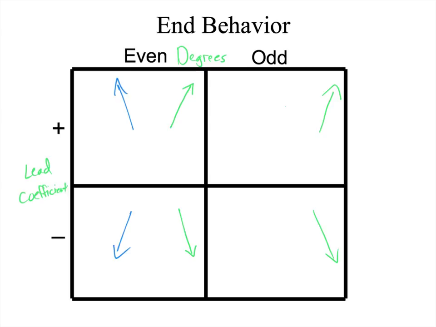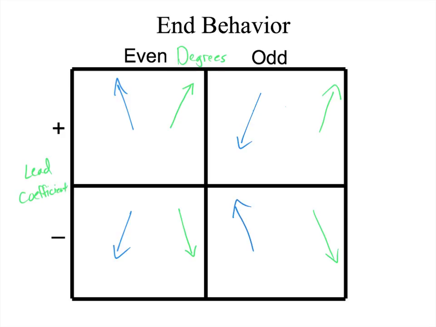Now, for an odd degree, like a third power, a fifth power, a seventh power, what happens is the opposite side is going to be going the opposite direction. So this one's going to be going down, and this one is going to be going up.